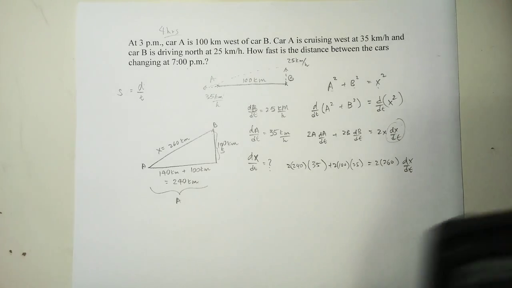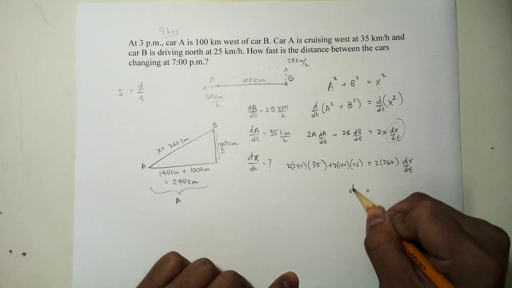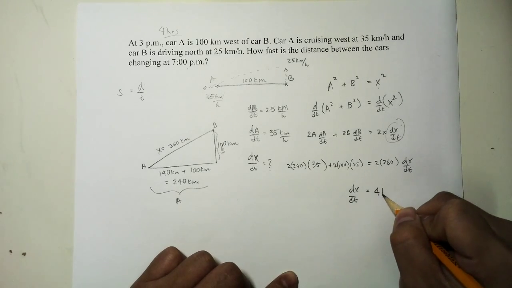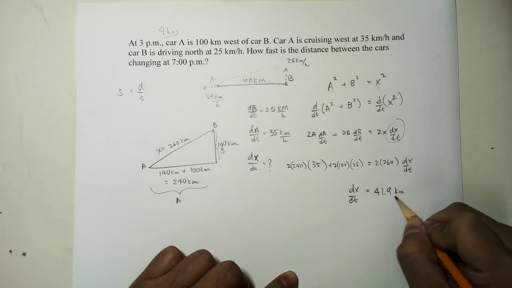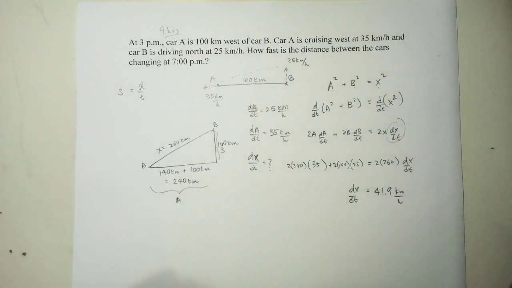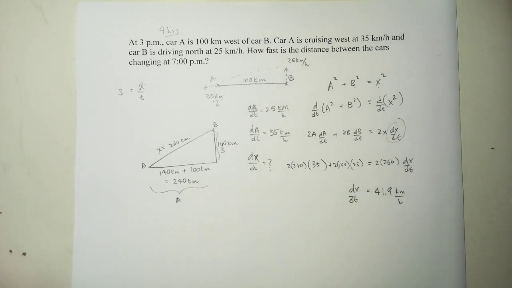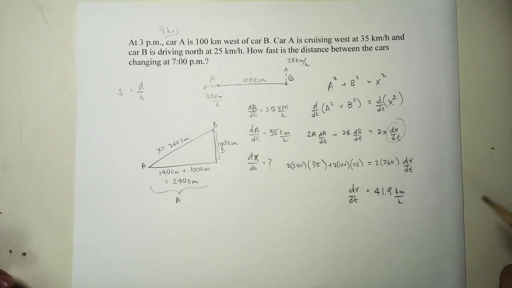Make sure you use parentheses. And what we find out here is that dx/dt is equal to 41.9 kilometers per hour. Okay, so as these two cars are traveling in two different directions, the distance between A and B is changing by 41.9 kilometers per hour.